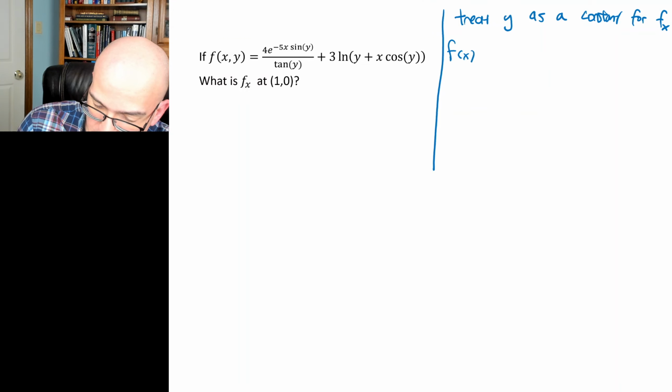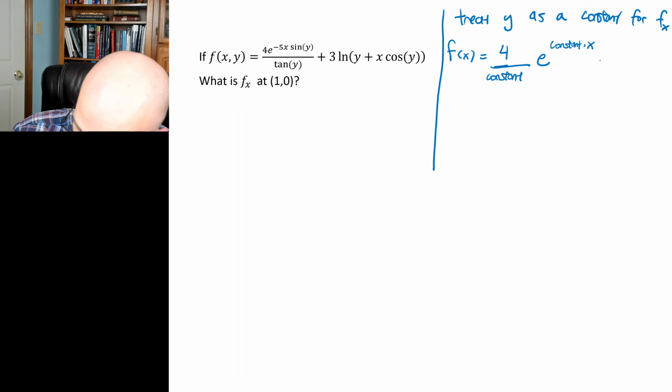F of x is equal to 4 over a constant multiplied by e to the power of constant times x plus 3 times the ln of constant plus constant times x.